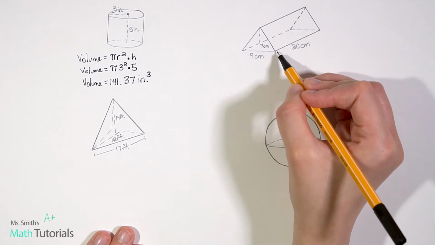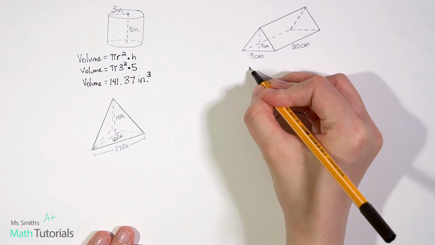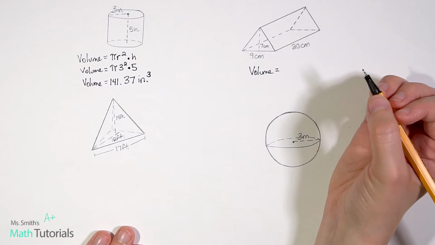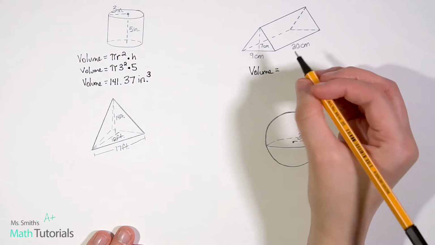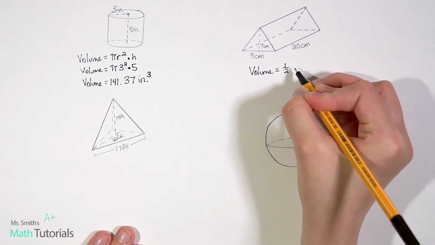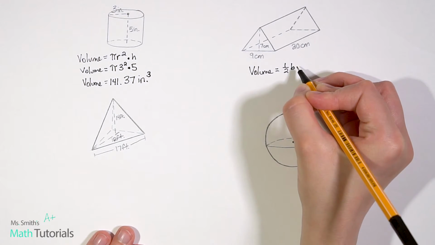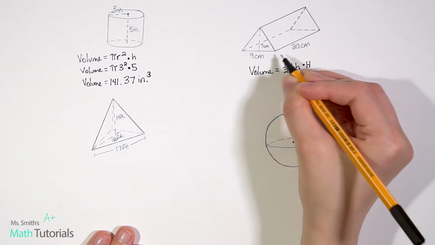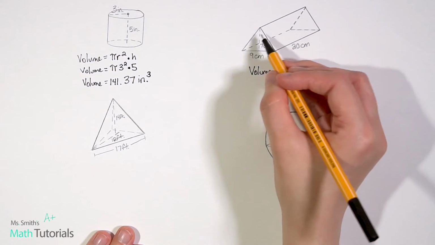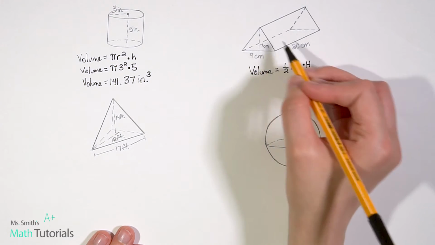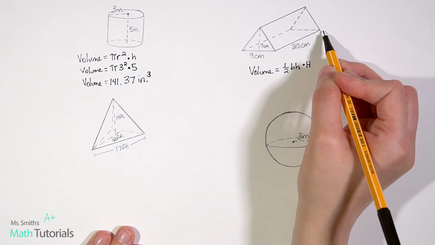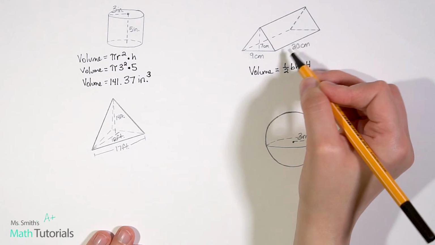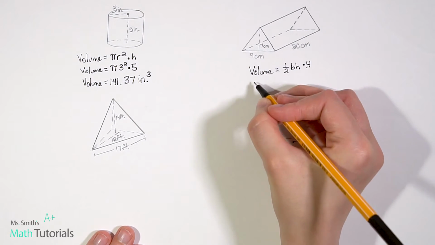So remember, our base is our triangle, our volume, remember that it is the area of the triangle, so 1/2 times the base times the height, and then we multiply that by how tall the item actually is, right? So we have the area of the face, but then how much does it extend, right? So in this case, it kind of looks like length more than it does height, and that's fine. Whether you want to think of it as length or height is up to you.